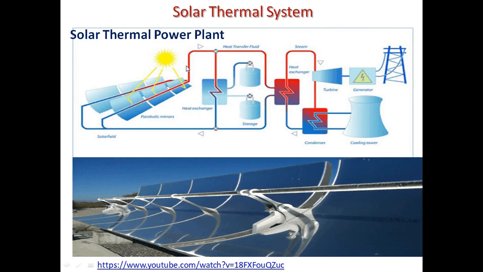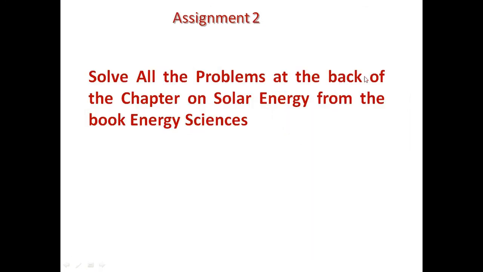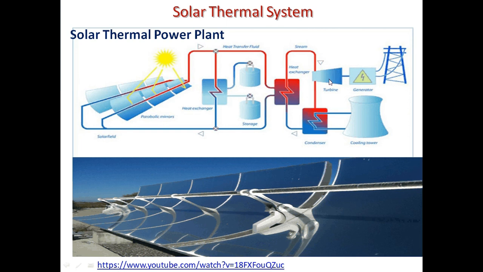Okay, so this is the parabolic mirror, and you can see the fluid that flows through these pipes. First, the solar power is focused onto this pipe, and in that pipe you can heat this fluid, and you can use this in your boiler part as a heat exchanger, and you can convert your water into steam, and that steam is converted by a turbine to produce electricity in your generator.